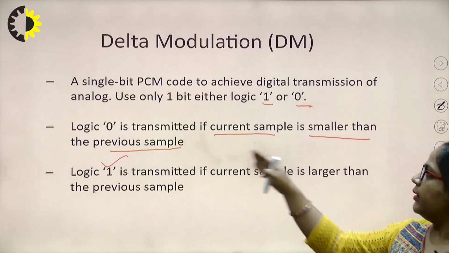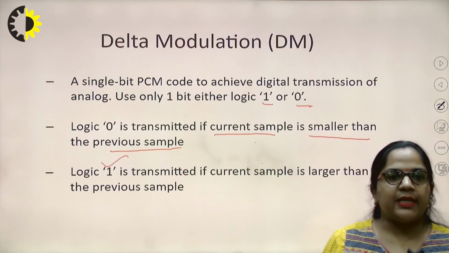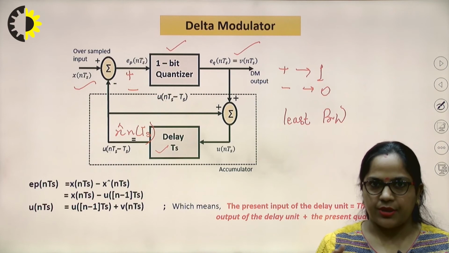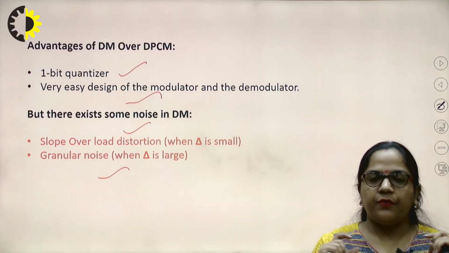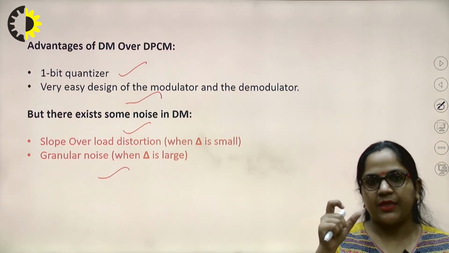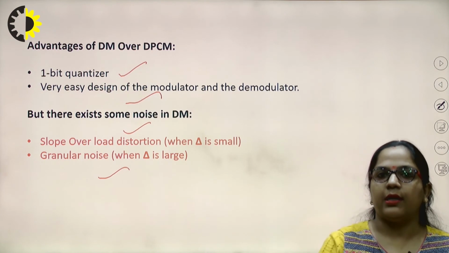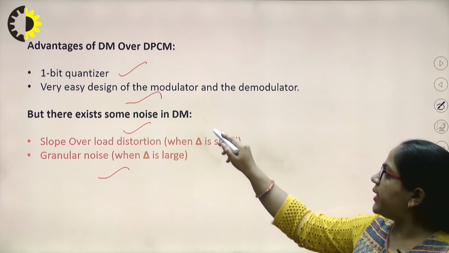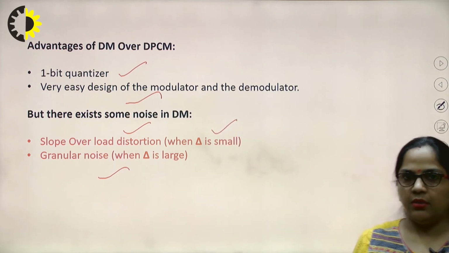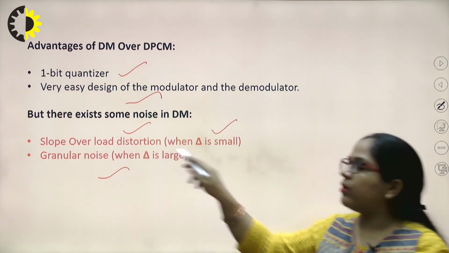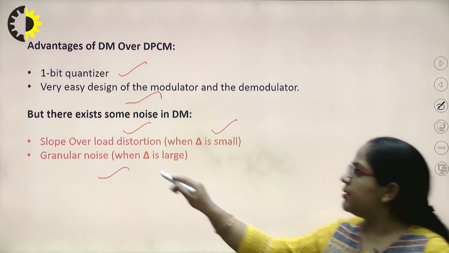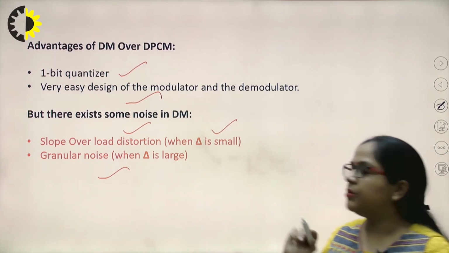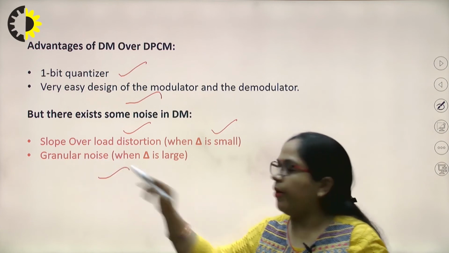If we fix the step size too small or too large, then these two noises may occur. If the step size we consider is small, then slope overload distortion may occur. If we consider the step size too large, then granular noise may occur.